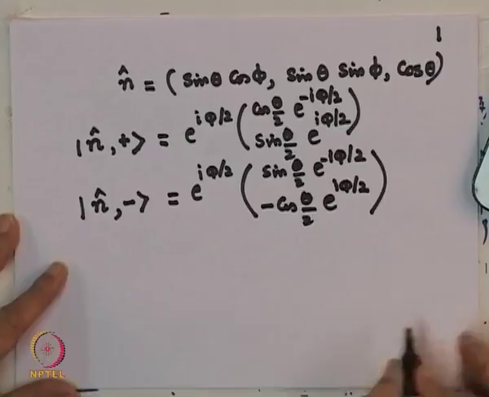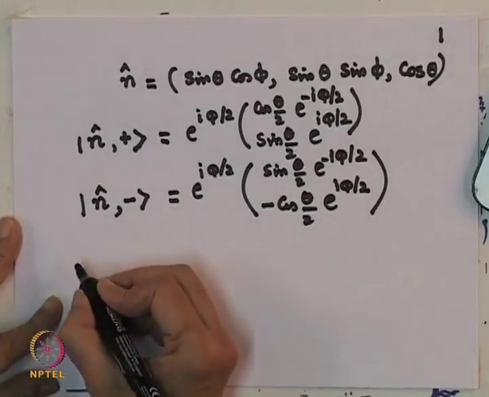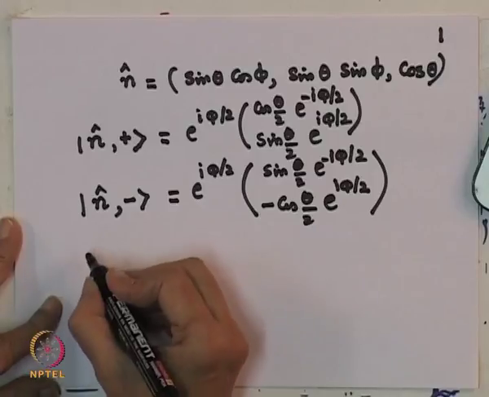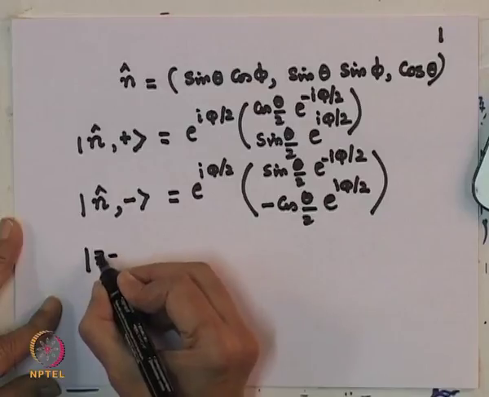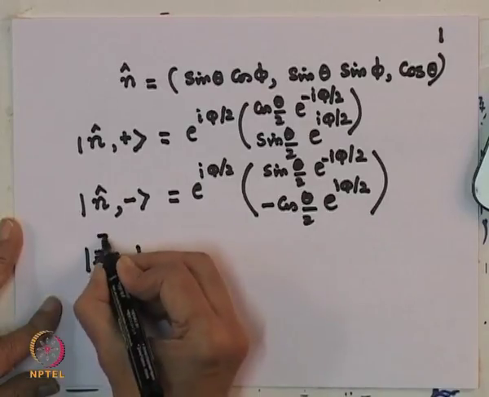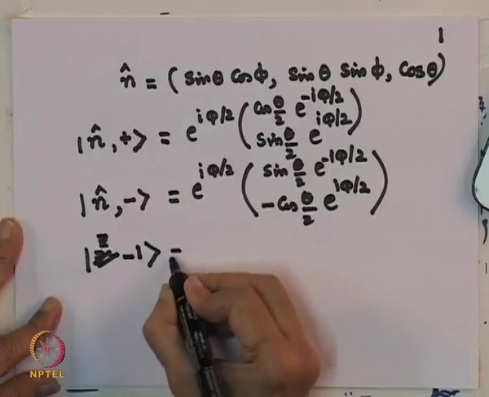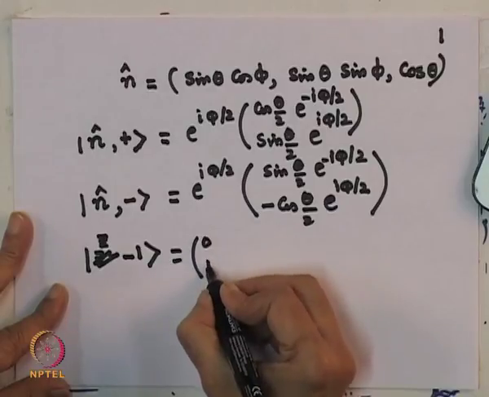Now notice, if I am looking at the eigenvalue of sigma z corresponding to -1 along the z direction, let me indicate it like this. That, we have seen, is the 0 1 state.